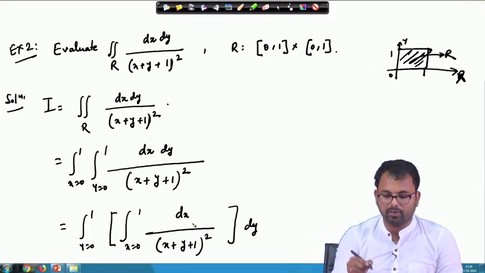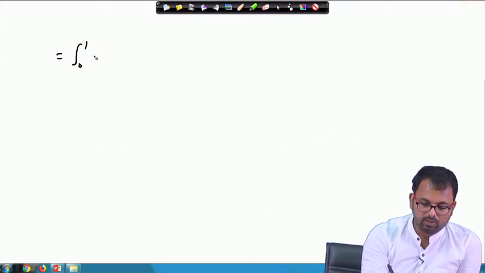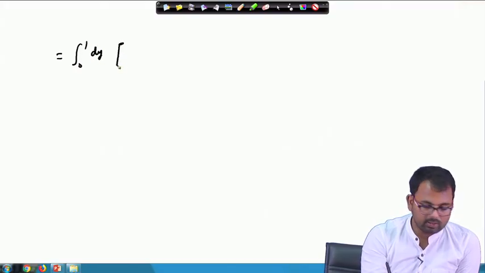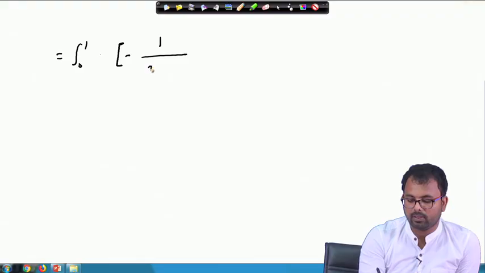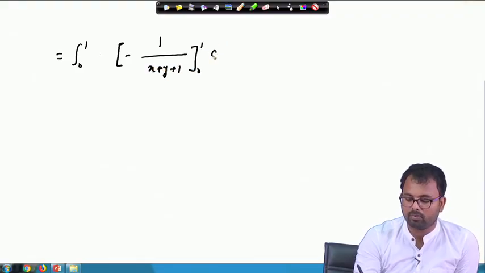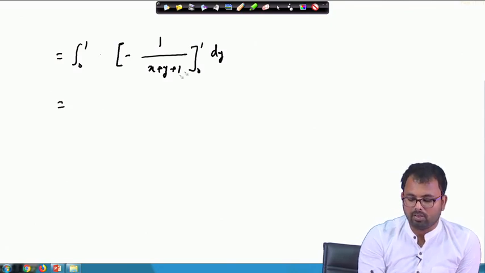And in order to evaluate that, we simply write integral from 0 to 1 dy, and then this will be minus 1 by (x plus y plus 1), which we already know from our traditional integral calculus results. And now, we can substitute the value of x here.